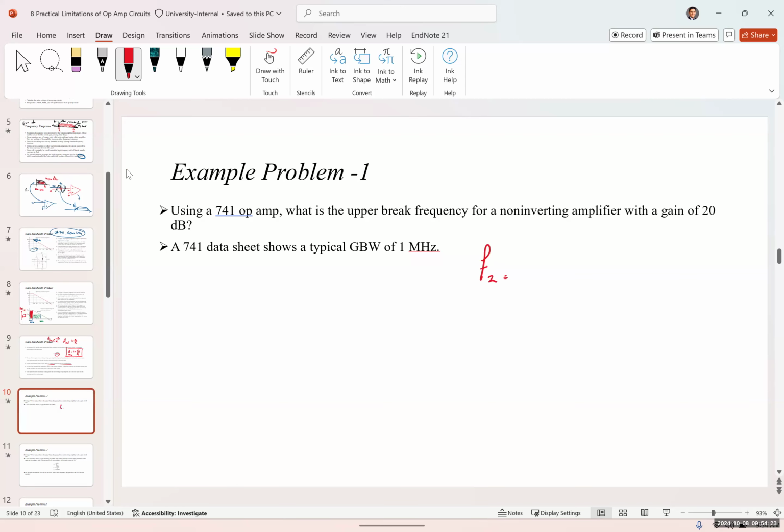Again, F2 is equal to, as mentioned, gain bandwidth over A noise. I'll give you 5 minutes to think on this.